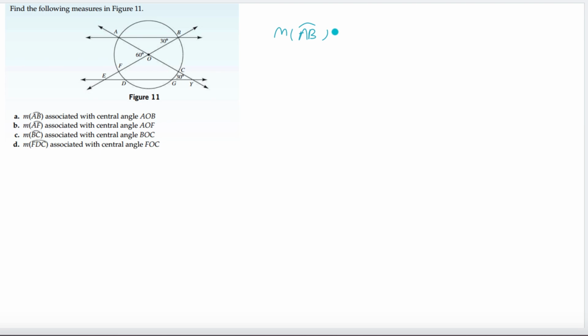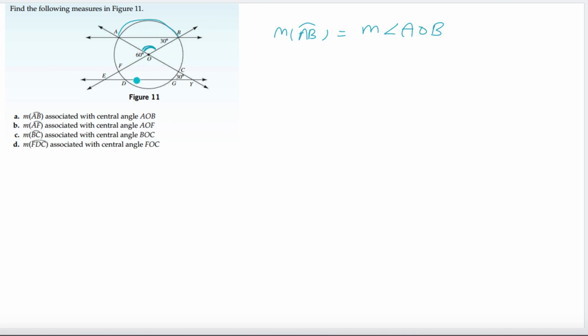That means you need to find the measure of arc AB. So again, AB is the minor arc here, not this way around, right? Associated with central angle AOB, which means measure of arc AB here is the same as the angle here. So you are looking for the angle. This is same as measure of angle AOB. That's what you're looking for, AOB.